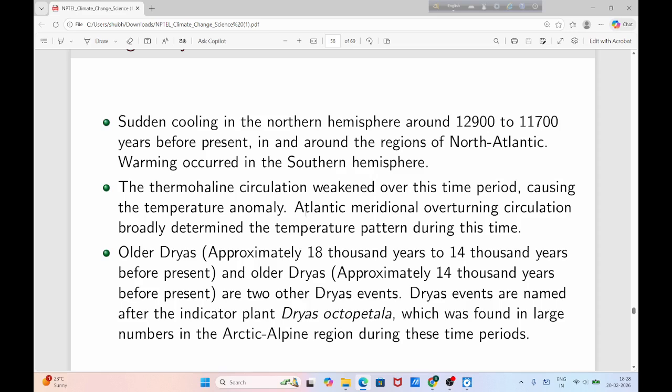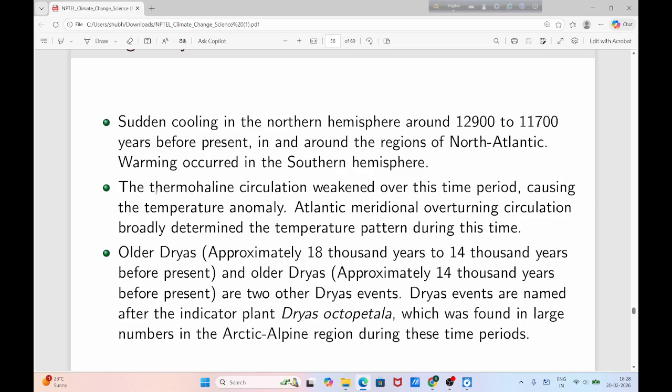Now, for determining the cause, the study says that the thermohaline circulation actually weakened over this time period, causing the temperature anomaly. There is ocean circulation which brings heat from the equator to the North Pole, let's say, for this case.